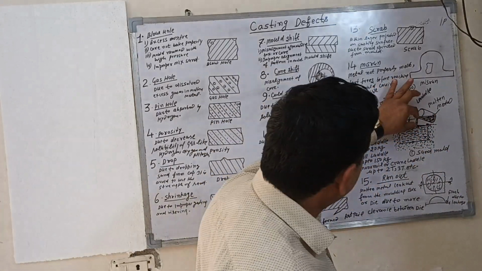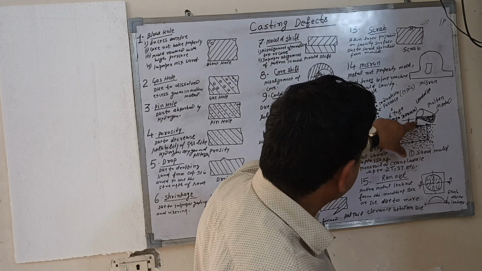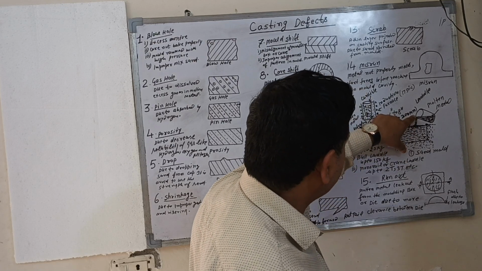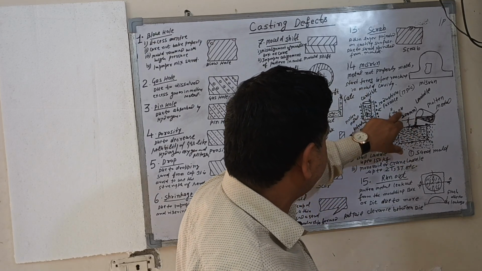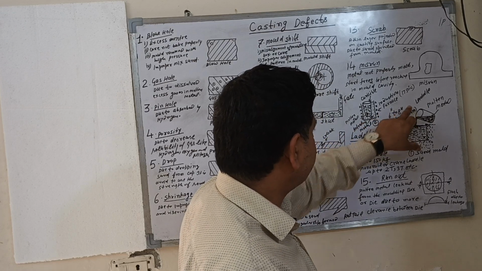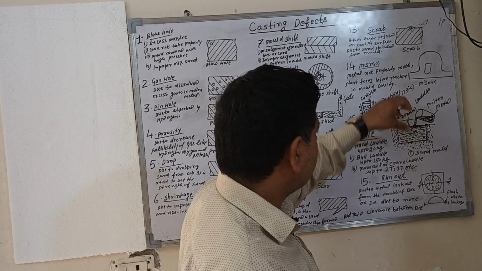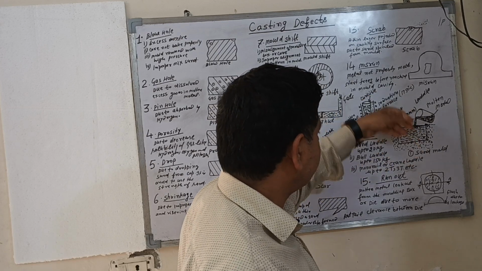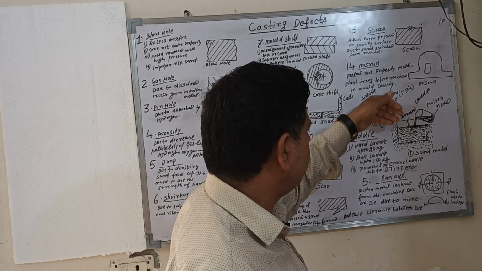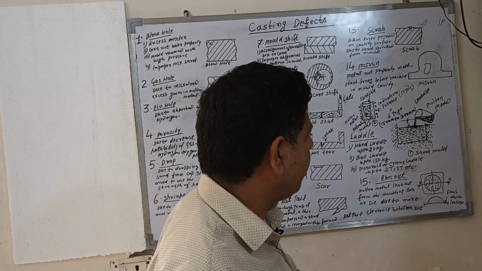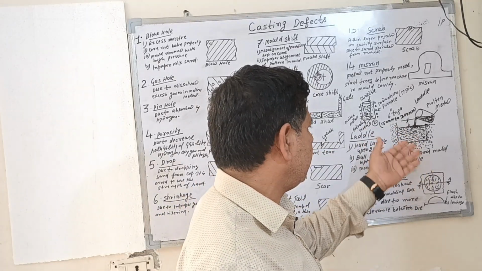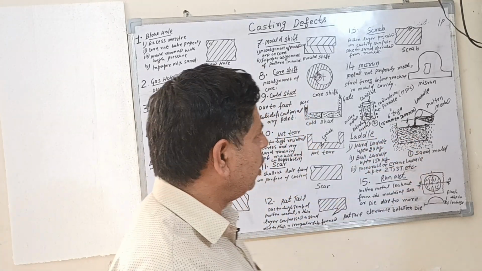The distance from the surface to the height of the ladle should be 6 inch to 8 inch, so 150 mm to 250 mm. Then there will be no chance for different types of gases, hydrogen, oxygen, nitrogen, to enter.